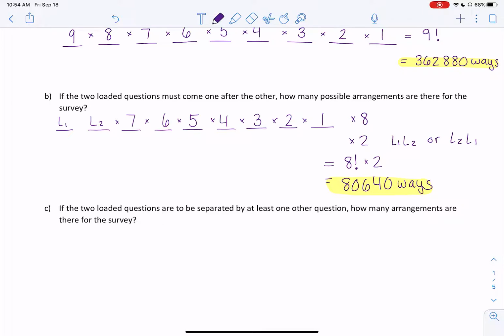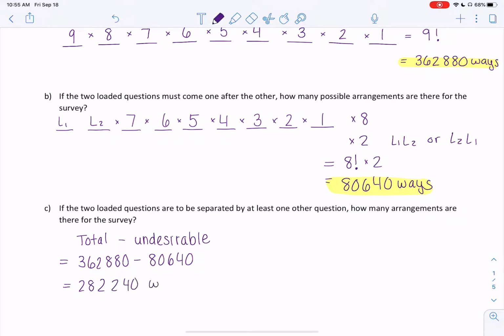In other words, the opposite scenario of question B. So to find that, we can take our total options and minus our undesirable. So that would give me 362,880 minus 80,640, which would leave 282,240 ways.